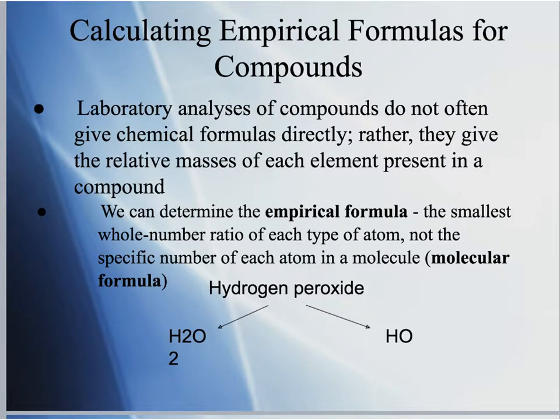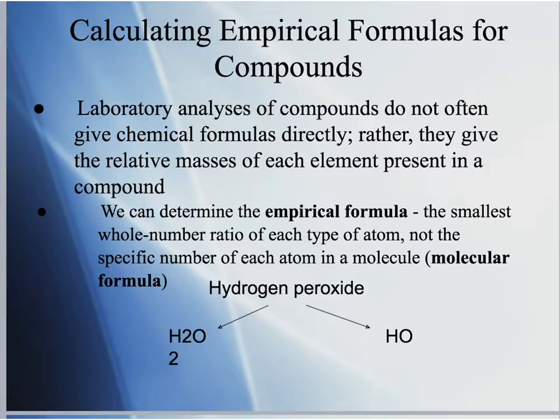All right, so moving right along, the last part of this lecture, we're going to be focusing on using the skills that we learned in the last couple of slides in order to help us figure out the empirical formula for compounds and the molecular formula for compounds. So let's go over the difference between the two. When labs analyze different compounds, they aren't often given the chemical formulas directly.